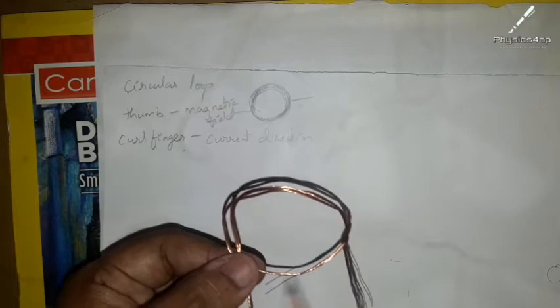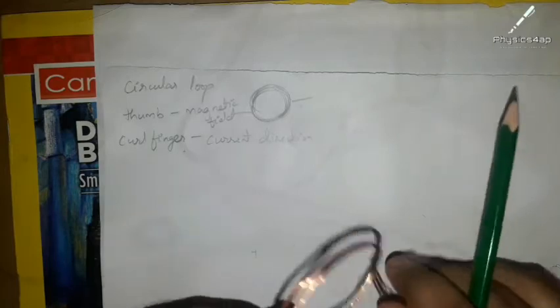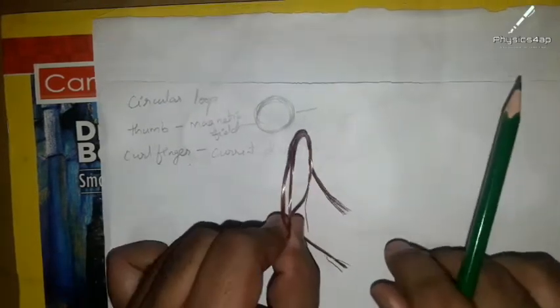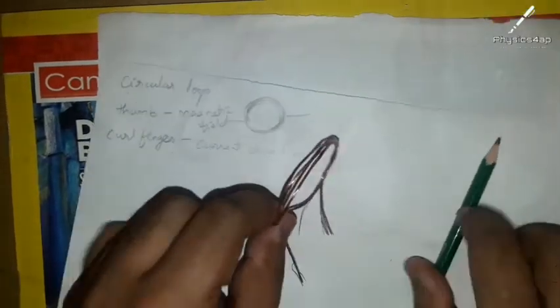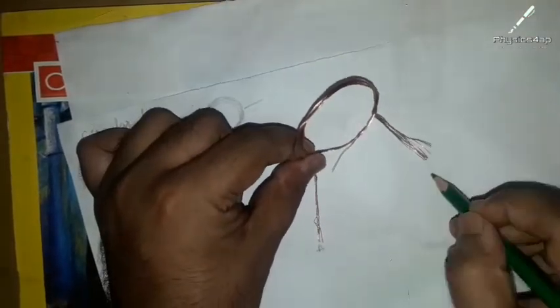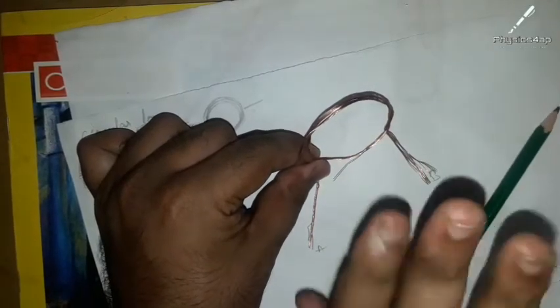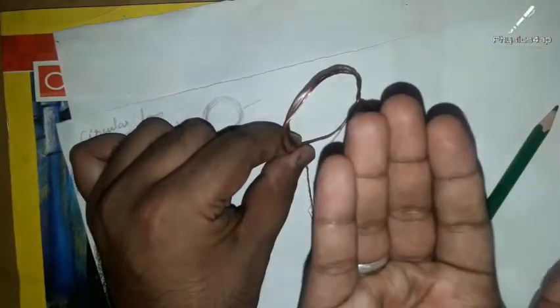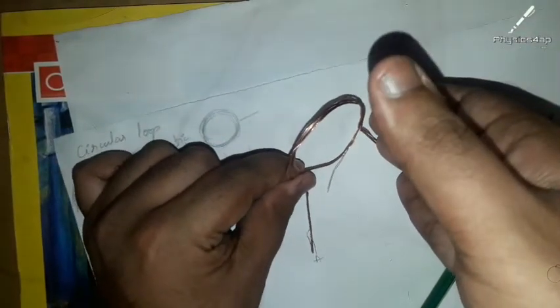One is a clockwise direction and another one is anti-clockwise direction. Now suppose the current we are passing goes in a curved path from point A to point B. As we represent the curved fingers starting from point A to point B, the thumb will represent the direction of magnetic field, which is passing inward.